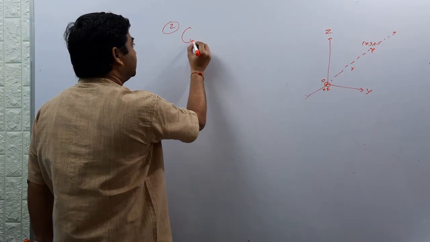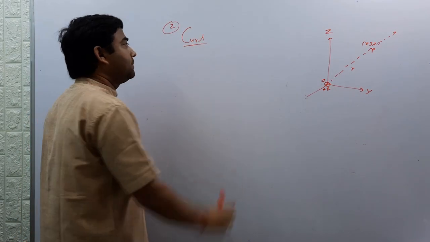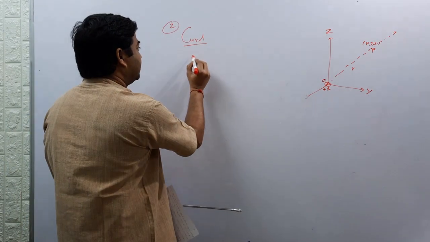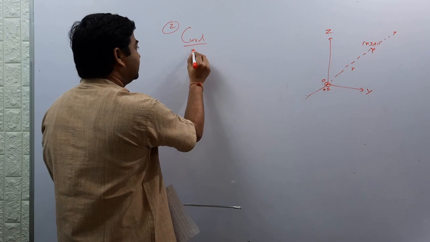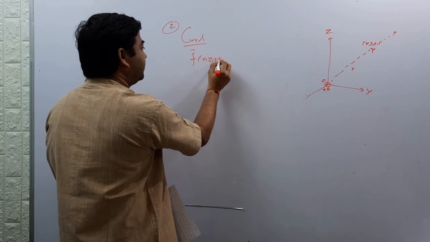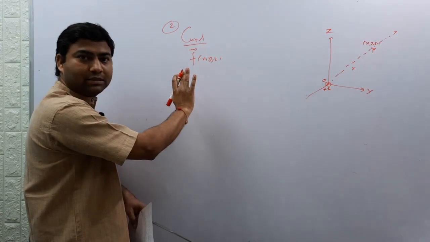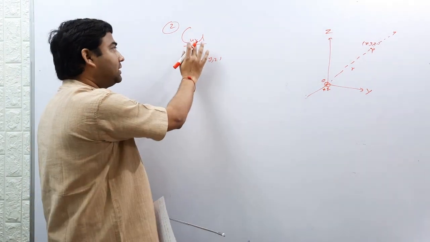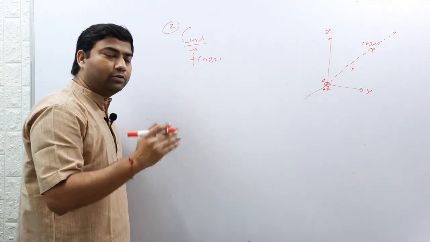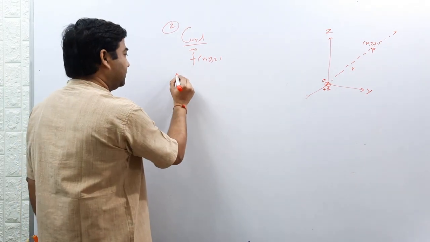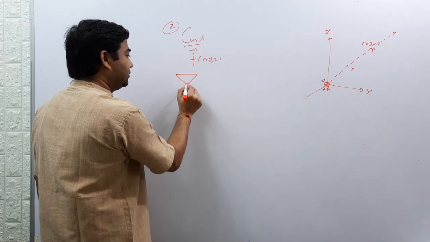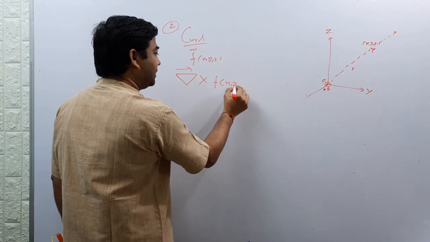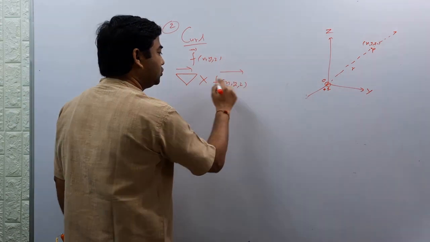Similarly, the third operation is curl of a field. Curl is also found for a vector field, like divergence. Whereas in curl we use the cross product, unlike divergence, where we use the dot product.